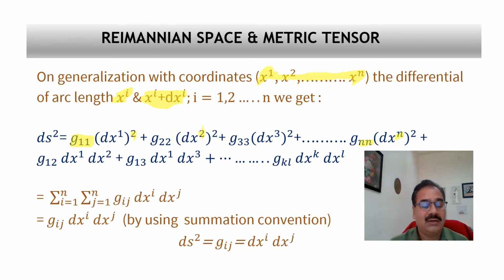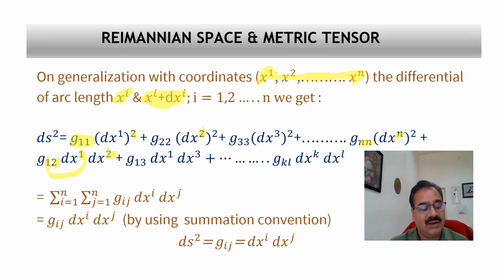Plus the second set of terms, g12 dx1 dx2 plus g13 dx1 dx3, and so on, g_kl dx_k dx_l. The same may be written as the summation over i equal to 1 to n, summation over j equal to 1 to n, of g_ij dx_i dx_j.